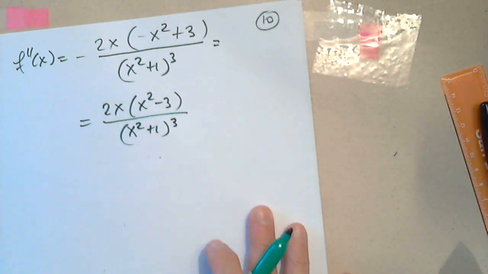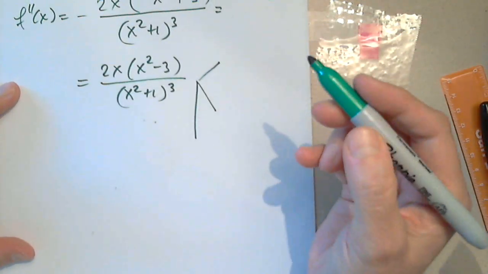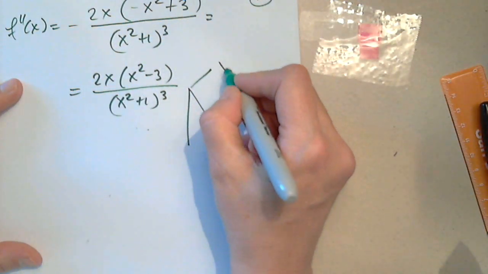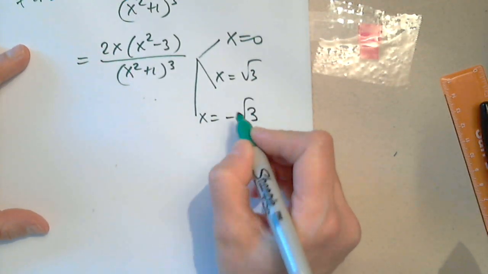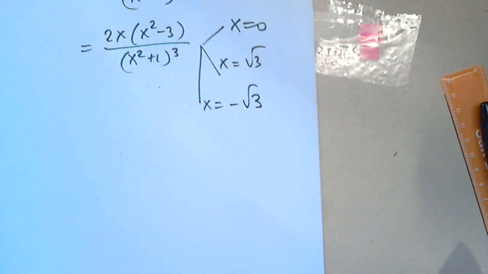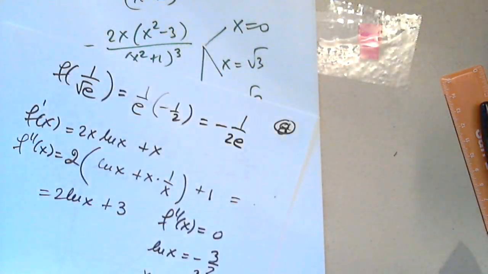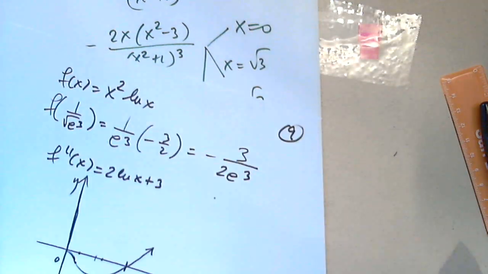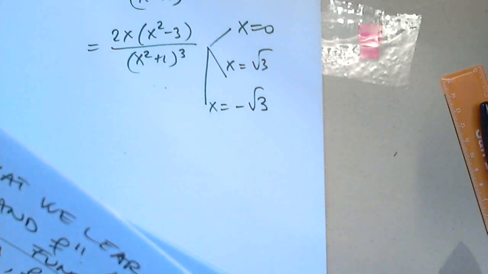And there are 3 possibilities, as we already saw. I couldn't graph it. x equals 0, x equals the square root of 3, and x equals negative the square root of 3. So I have to go back to the table and make the correction there.